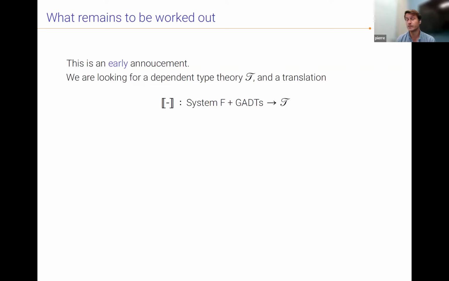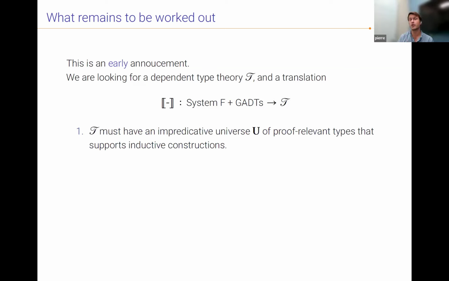Okay, so we want to find such a translation, and where things are not fully worked out is, what is this type theory? Because this type theory should have some specific properties, and it's not clear how to make all those properties work together. So first, we want T to have an impredicative universe, because in system F and languages with GADTs, everything is impredicative.